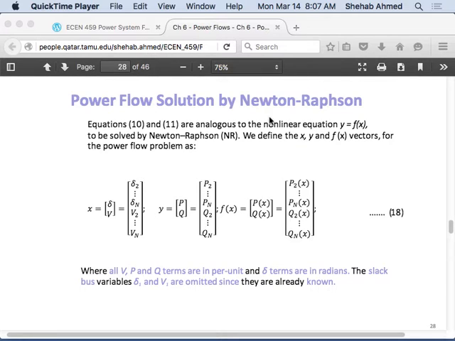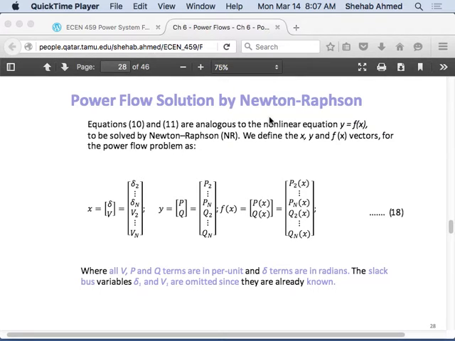So what the Newton-Raphson method for power flow solution does is it creates a computerized way of solving this power flow problem based on the unknowns and the knowns that you have in your system.